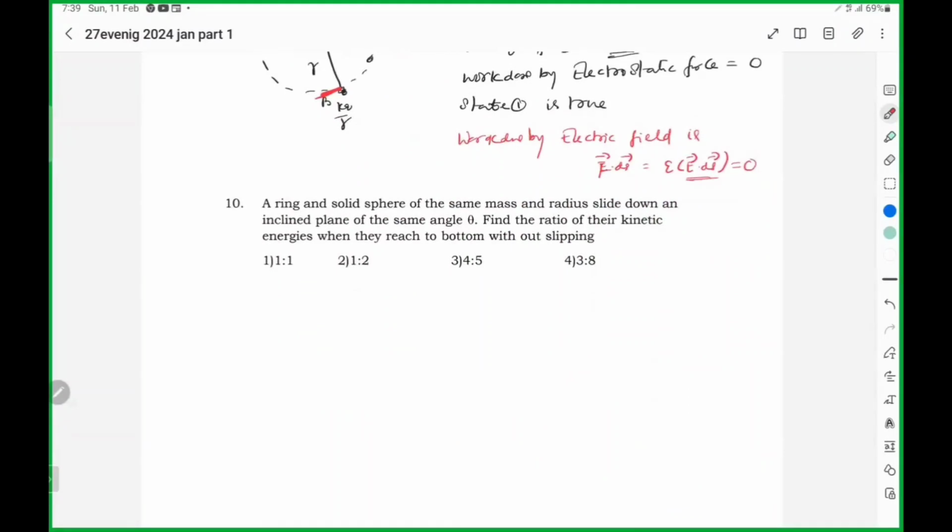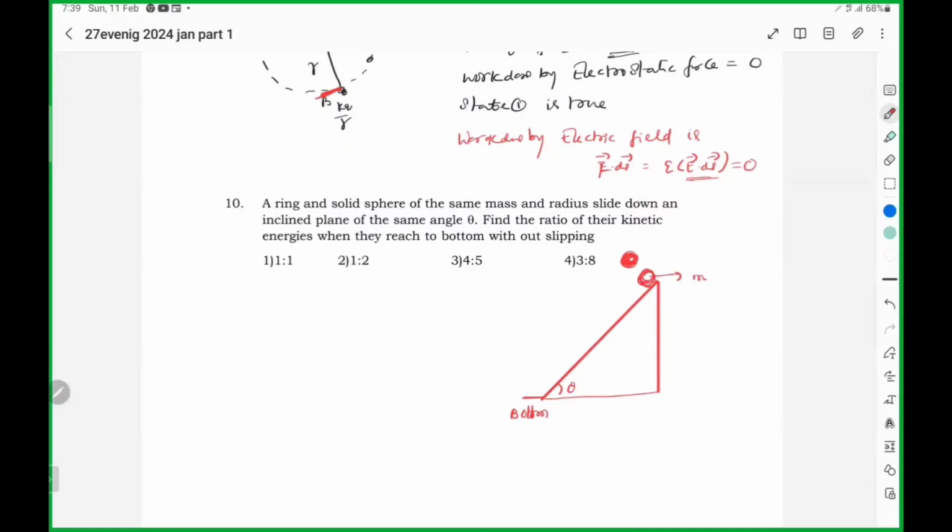A ring and a solid sphere of the same mass and radius slide down along an inclined plane. One is a ring, the other is a solid sphere. Find the ratio of their kinetic energies when they reach the bottom. What is the energy here?